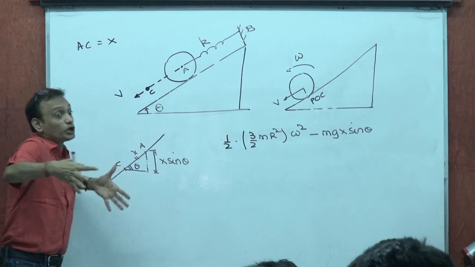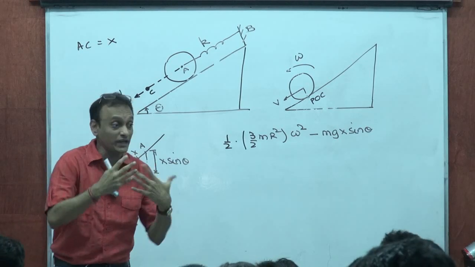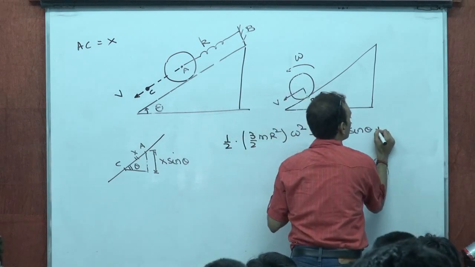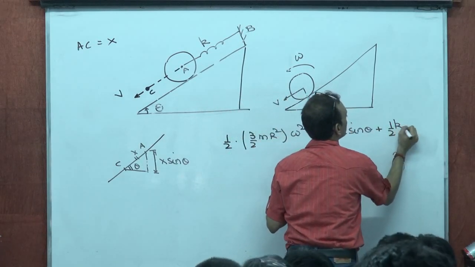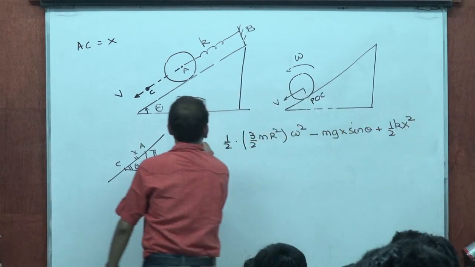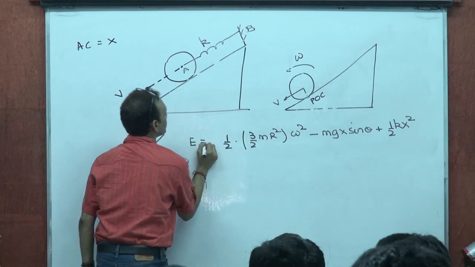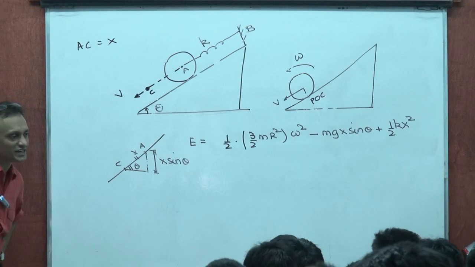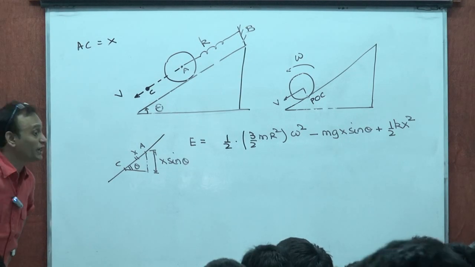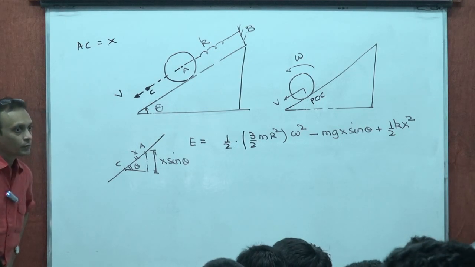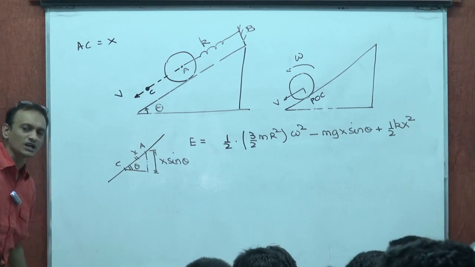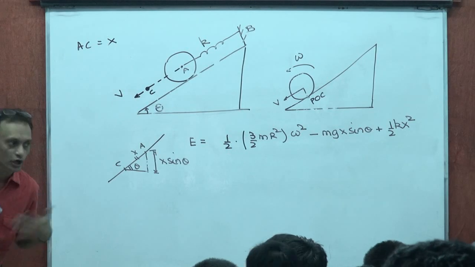The spring has got elongated by an amount x, so the potential energy in the spring is half kx squared. This is the energy of the spring cylinder system, and it's not going to change with time. Total energy is constant. Friction is not doing any work because it's in a state of pure rolling.